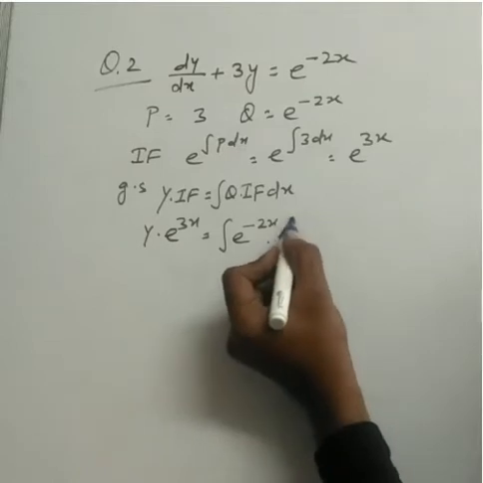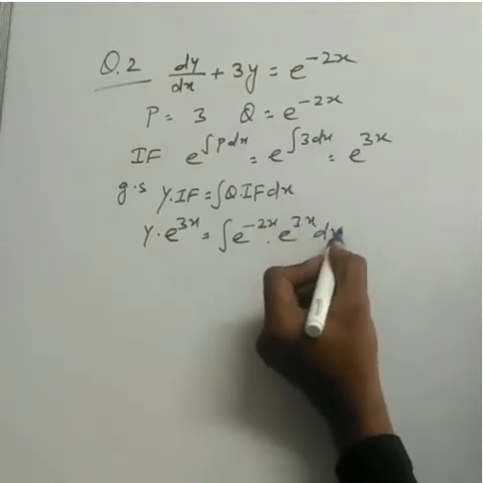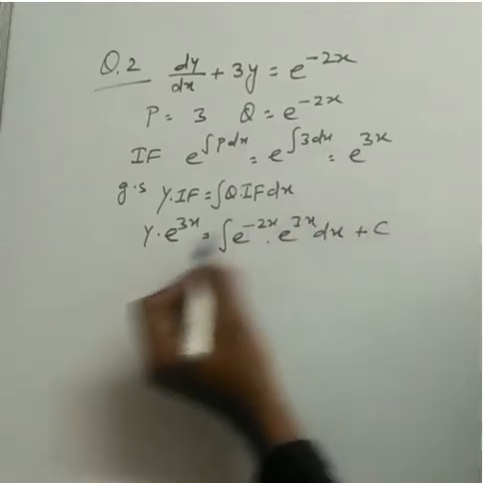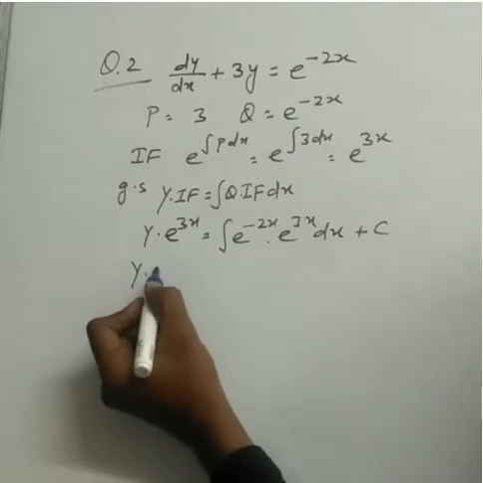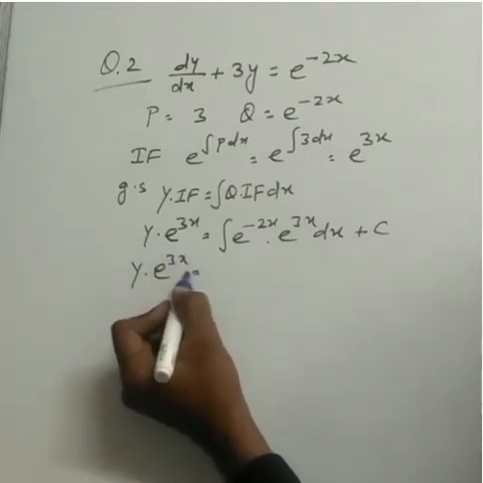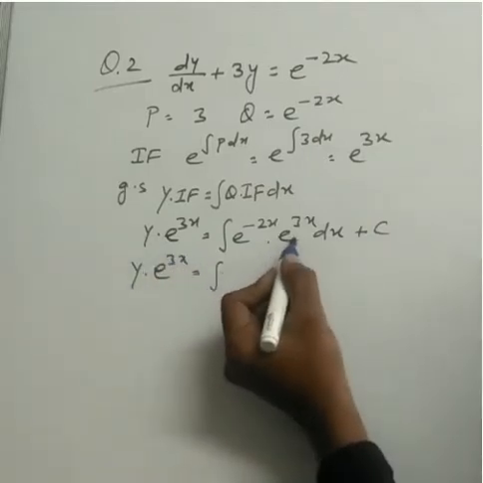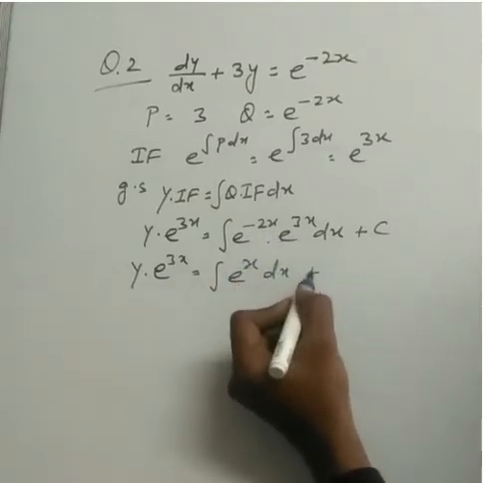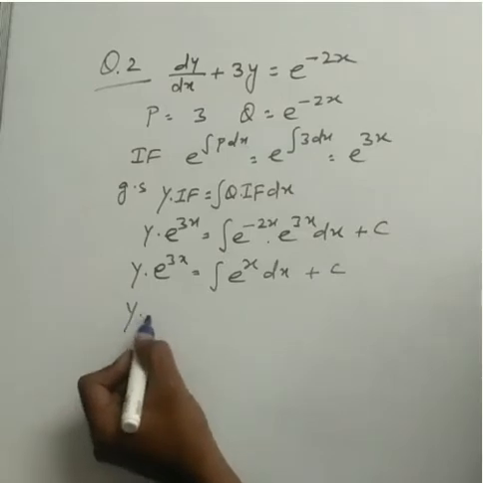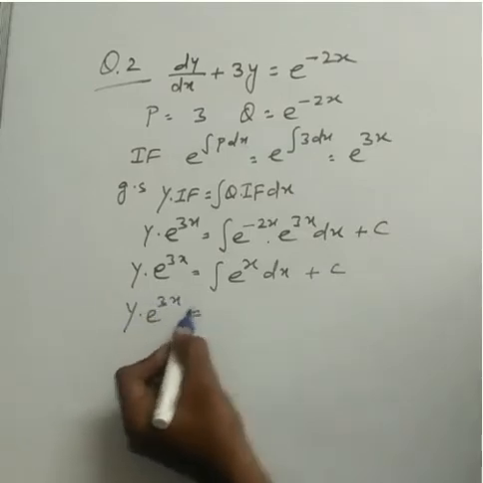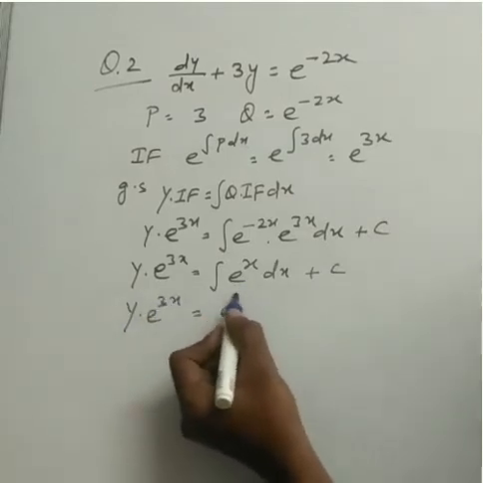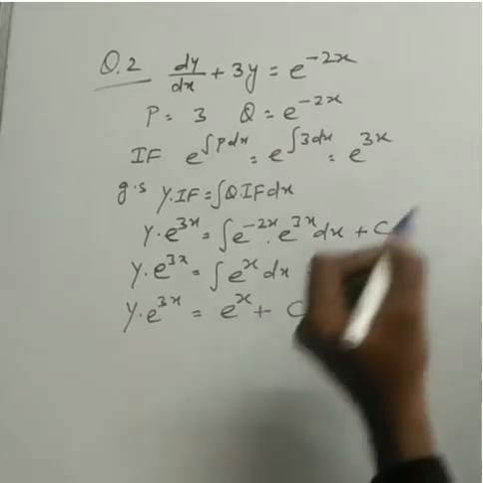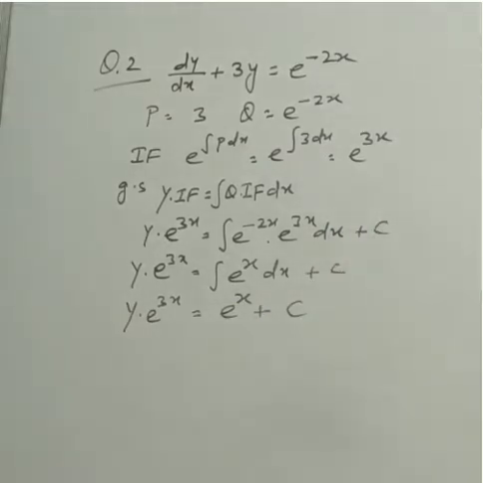IF is e power 3x, and dx plus C. Here it is y e power 3x equals integration of e power 3x times e power minus 2x, which is e power x, dx, plus C. So y e power 3x equals e power x plus C. Answer.